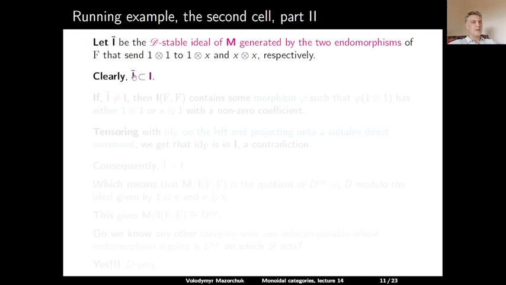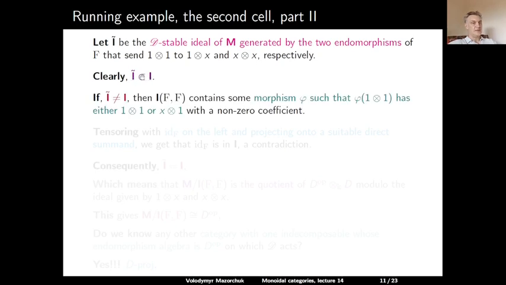So clearly, I tilde belongs to I, because if we tensor this on the left, we cannot change this X. So this generates a proper ideal which is stable under the tensoring with D on the left. If we assume that I tilde is different from I, then I tilde will be strictly smaller than I.